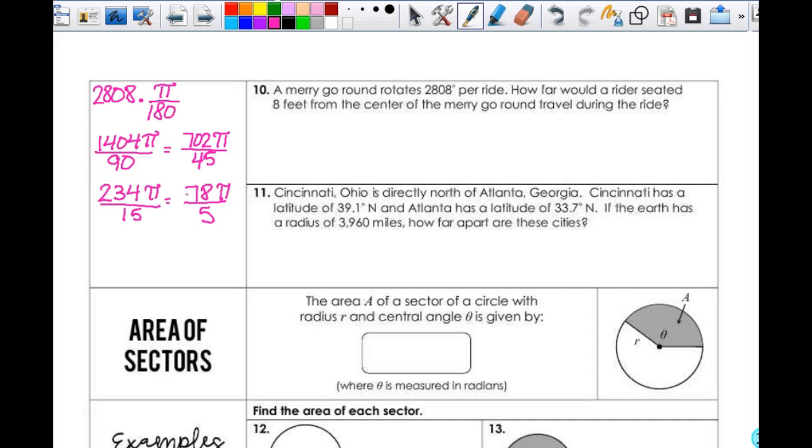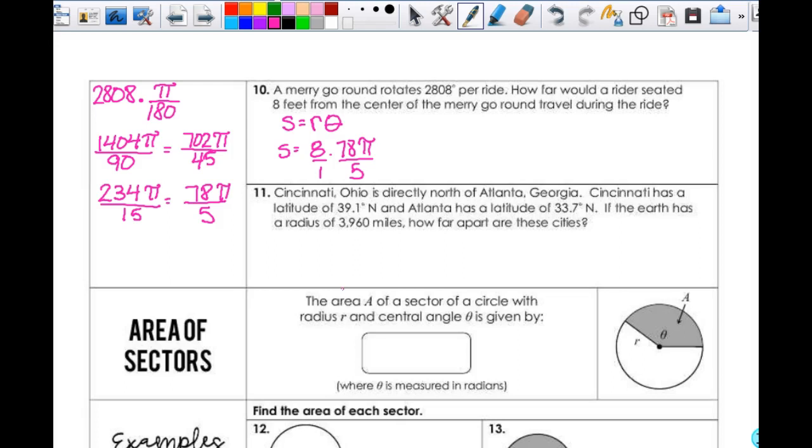So now I go up here, I'm looking for S equals R theta. S equals the radius, 8, times theta, which is 78 pi over 5. Can I reduce before I multiply? No. The 8 and the 5 don't reduce, and 5 and 78 don't reduce anymore. So I have to multiply 8 times 78.